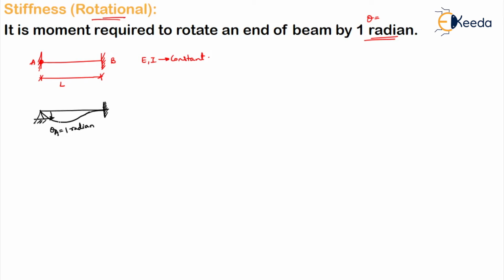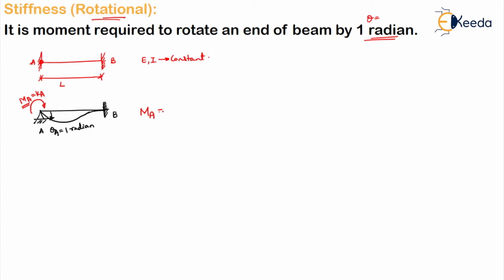radian. Now because of this rotation which we are applying at A, there will be some moment developed here, so we'll call this as MA. So this moment developed is nothing but the stiffness at that particular point A. Understood? So what will happen?